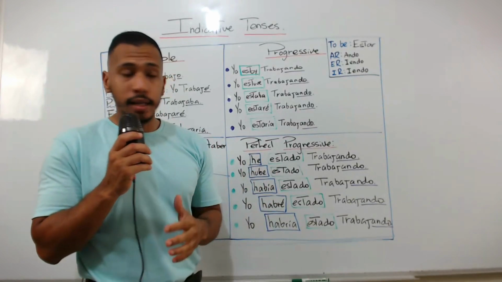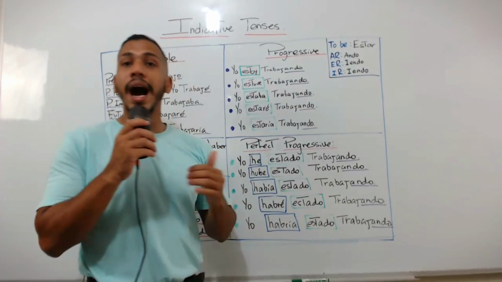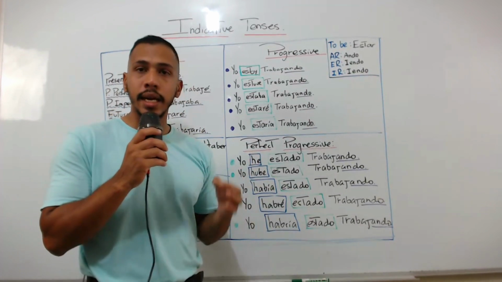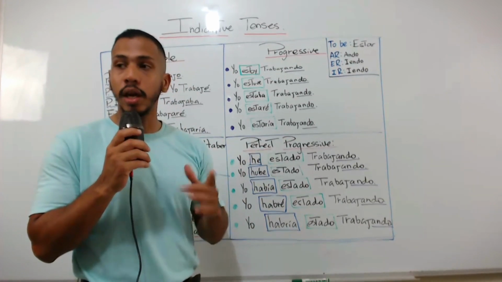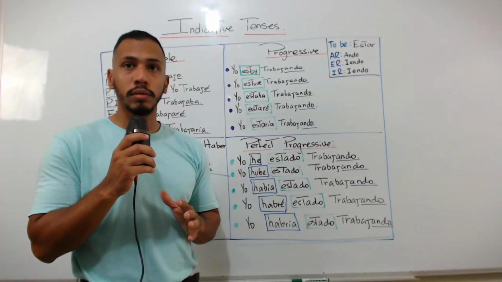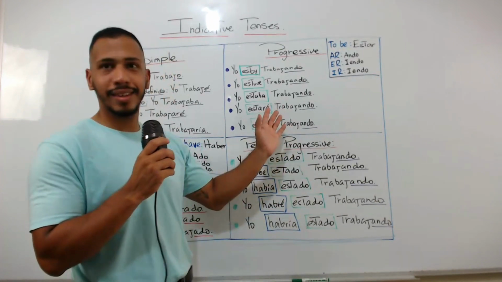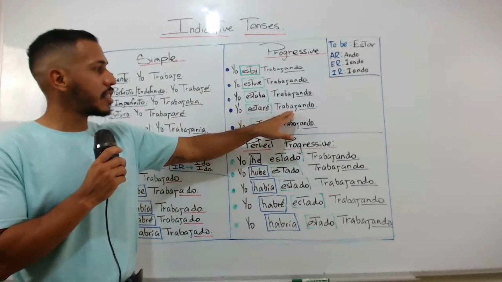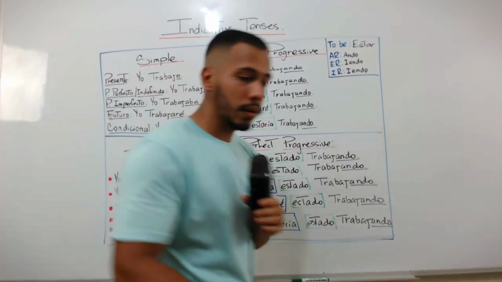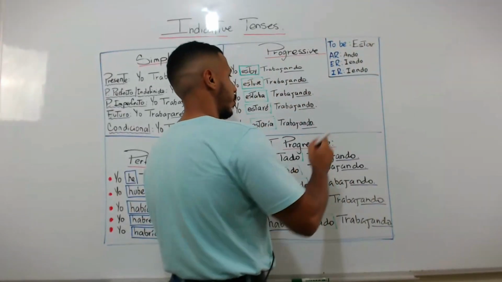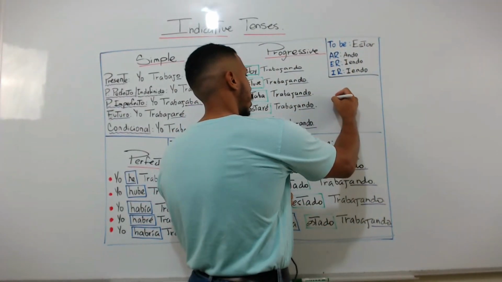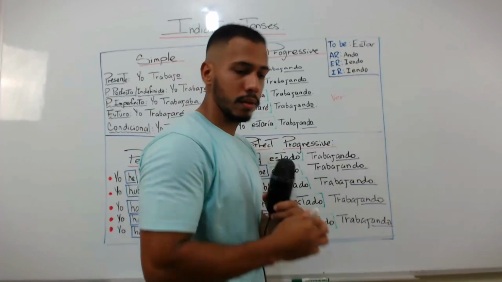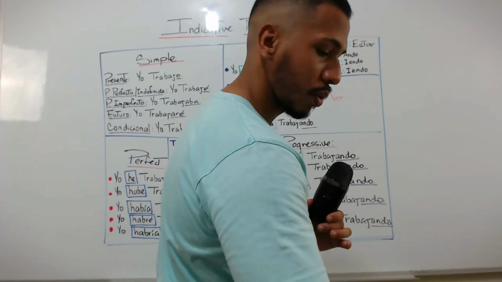If the verb ends in ER or IR, it will always be iendo. You have it here. So, trabajando. Now ER, ver.